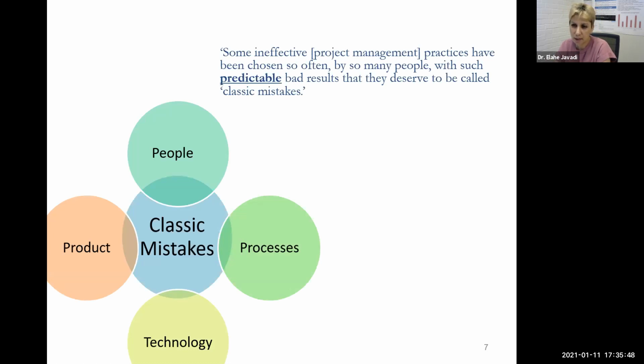Which one of these categories do you think had the highest percentage of classic mistakes? Or let me ask you this way: the most frequently committed mistakes. Do you think they were related to people, processes, technology, or product? Let's ask who hasn't talked yet. Aisha. Hi, Dr. Javadi. Hello.